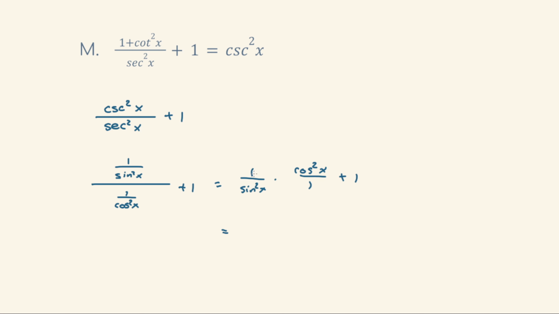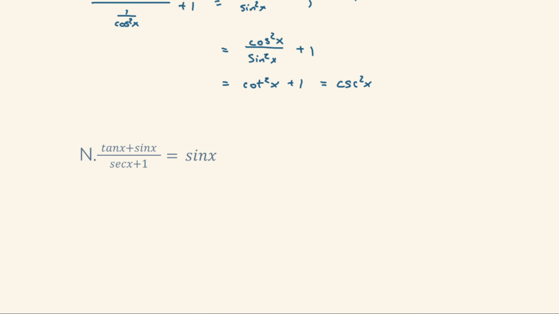So we're left with 1 times cos squared x, which is just cos squared x, sine squared x times 1 is just sine squared x, and we have a plus 1. But what is cos squared x divided by sine squared x? That's just cotangent squared x, isn't it? And cotangent squared x plus 1, we know that's an identity. That's going to be equal to cosecant squared x, and that's what we wanted to show on the right. Okay, so that's good as well.